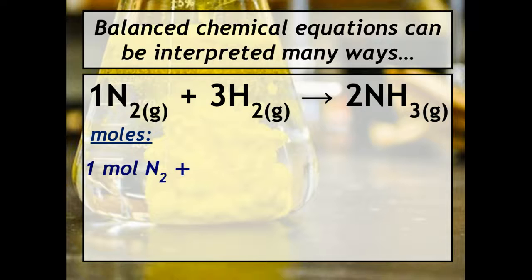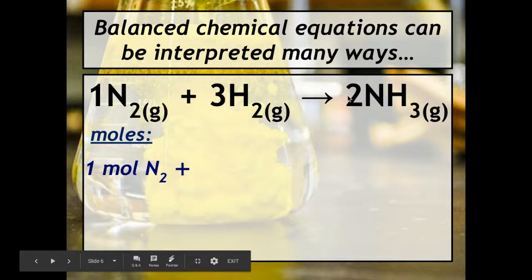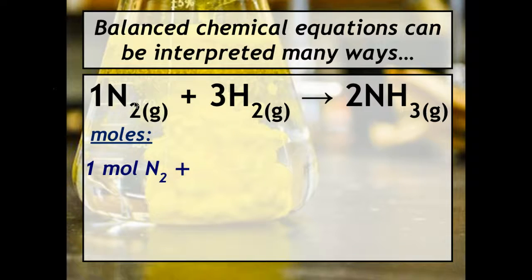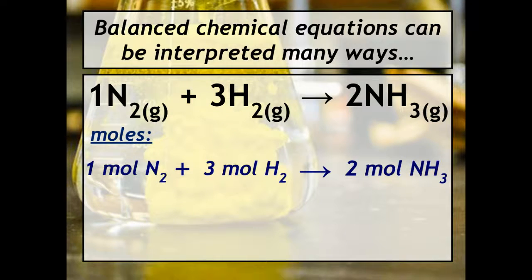Now, using the coefficients in front of each atom or molecule in a chemical equation, we can use something called the mole. So I have 1 mole of N2. I have 3 moles of H2. I have, guess what? 2 moles of NH3.